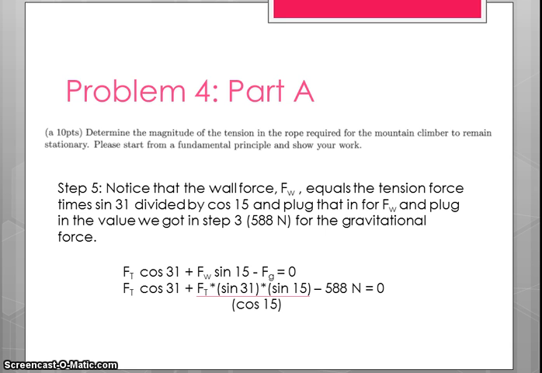Notice that the wall force equals the tension force times sine of 31 divided by cosine of 15, and plug that in for F sub w. Also plug in the value that we got in step 3, 588 newtons for the gravitational force. And it's still set equal to 0. You can see here that I did that.